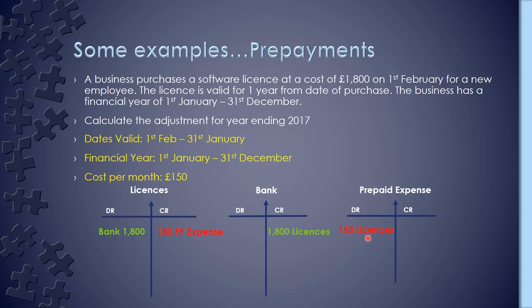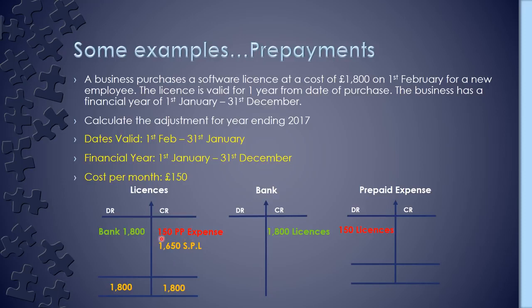So then what does that mean? If we now have a look at the balances on the account, we've got the total of 1,800. So we're going to have to make an adjustment here. So the balancing figure is £1,650, and that figure is then going to go onto our statement of profit and loss.